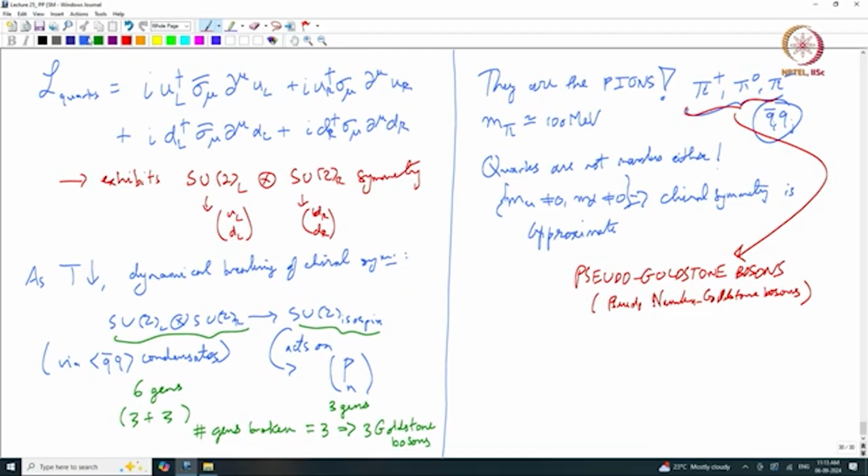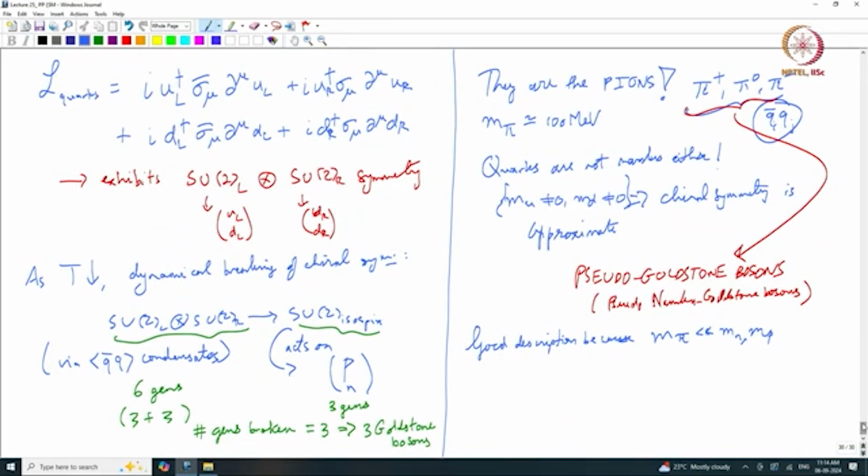Okay, and this is a good description, because m_π is much smaller than m_N and m_ρ, basically the QCD scale. So this is a very good understanding of why the pions arise and why they are not massless.